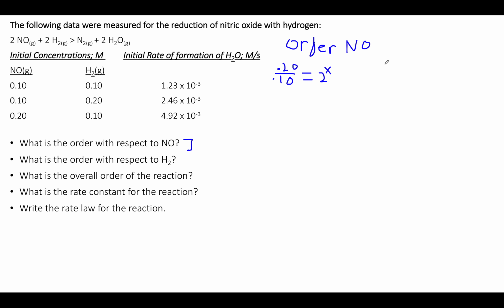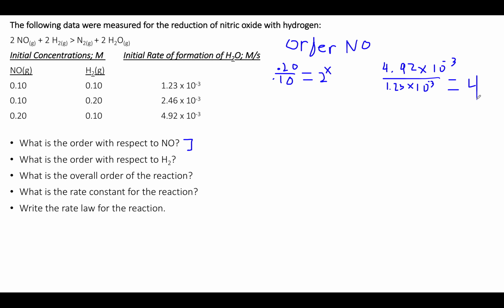The change in formation is the same thing, the bigger over the smaller. So it would be 4.92 times 10 to the negative third over the 1.23 times 10 to the negative third. And that should give you 4. Just double check that, but that should give you 4.